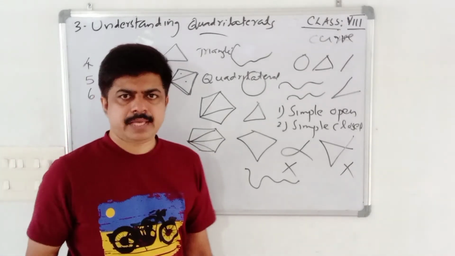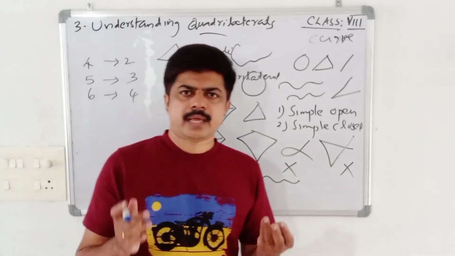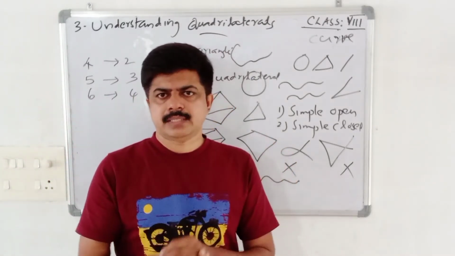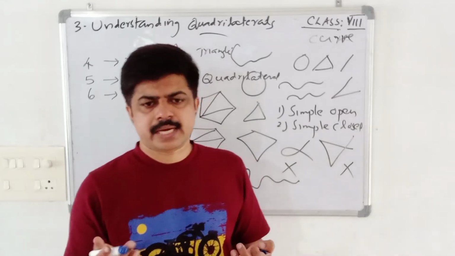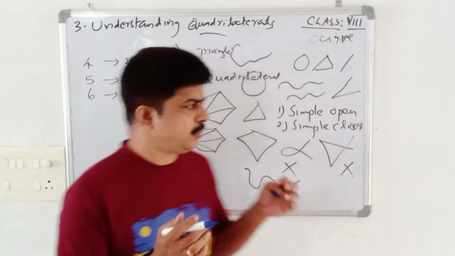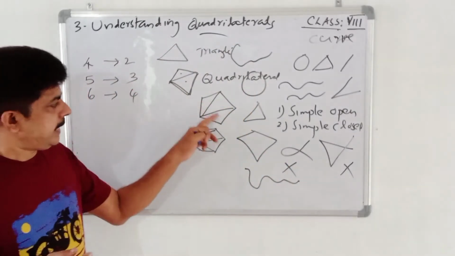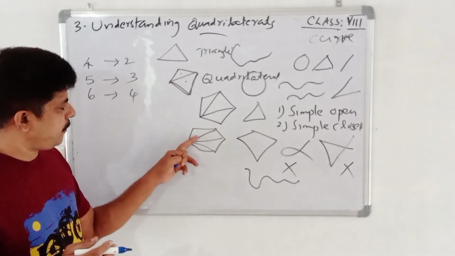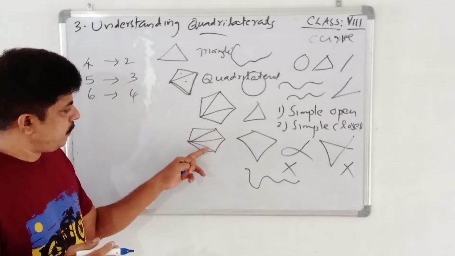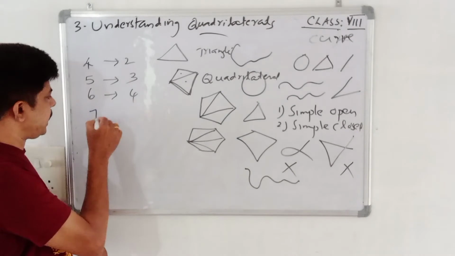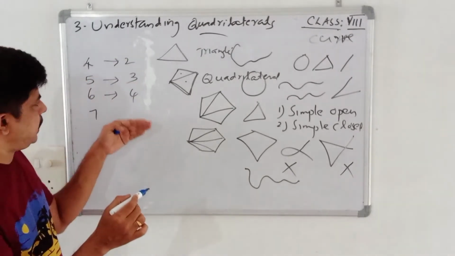So if there are 4 sides, the polygon can be divided into two triangles; five sides, three triangles; six sides, four triangles. A seven-sided polygon, according to this pattern.